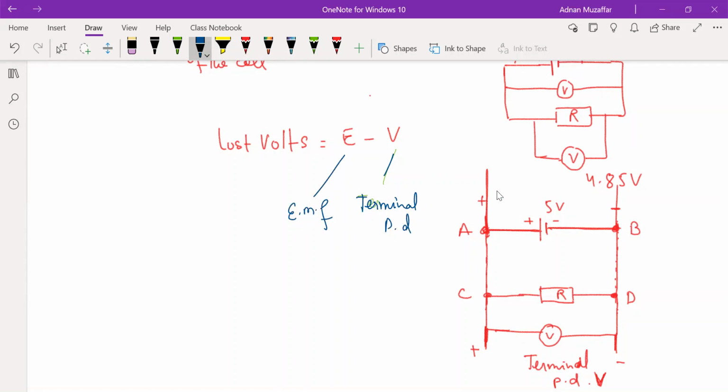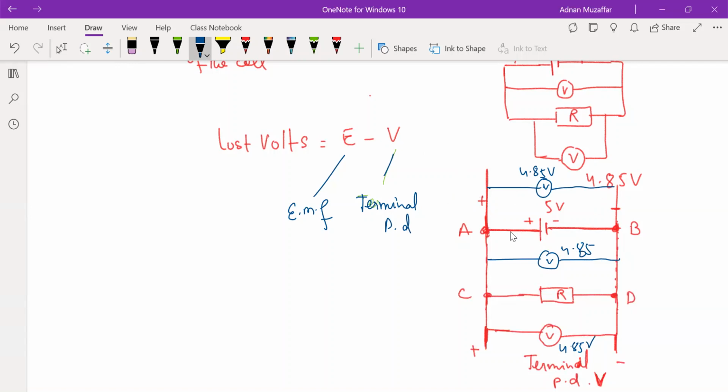Now, if I connect a voltmeter here, what reading should you get? Obviously, it should be the same. If it is 4.85 volts, here it should be 4.85 volts. Even if you connect the voltmeter here, you expect 4.85 volts. That's why we call this V terminal PD.